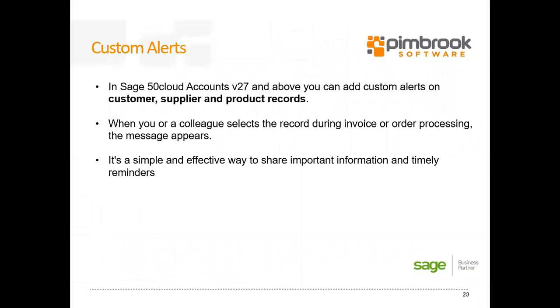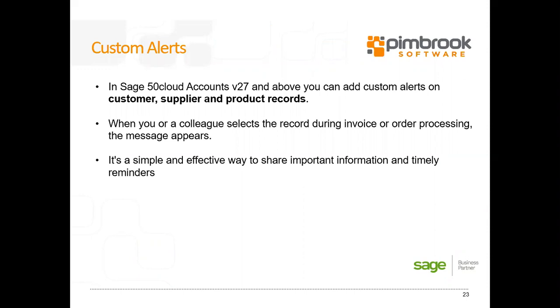Another new feature that's been included again in this version is a custom alert. The custom alert is used to place information in a customer, supplier, or product record so that when users are entering invoices, for instance, they're able to see information.